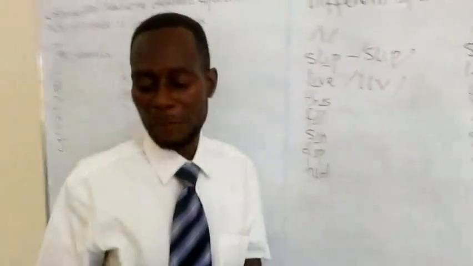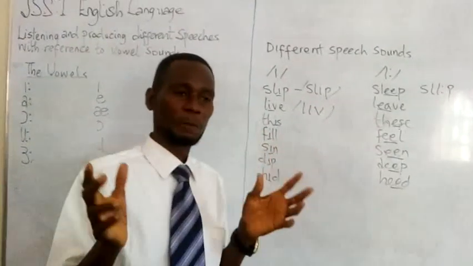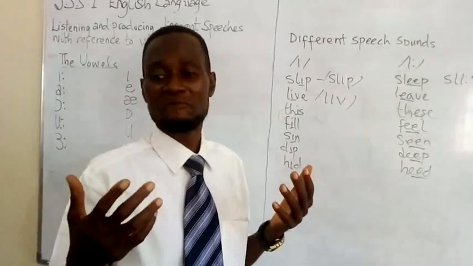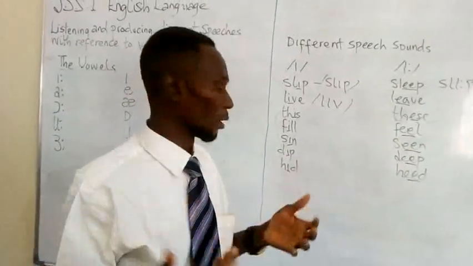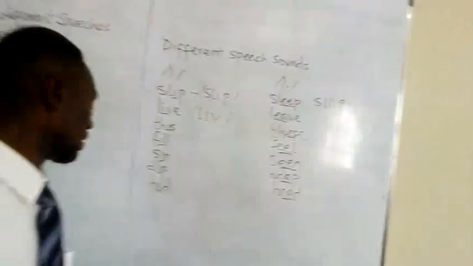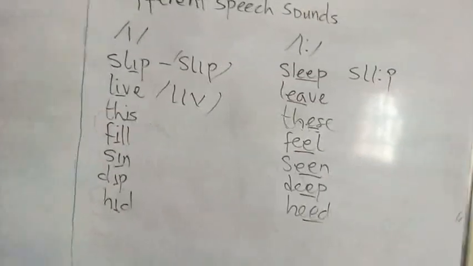Alright, having established that point, let's go to other examples. I'm going to pick some sounds that are very similar, very close, just like this one, E and E. So I'm going to pick another sound like that. Where do we go from here?